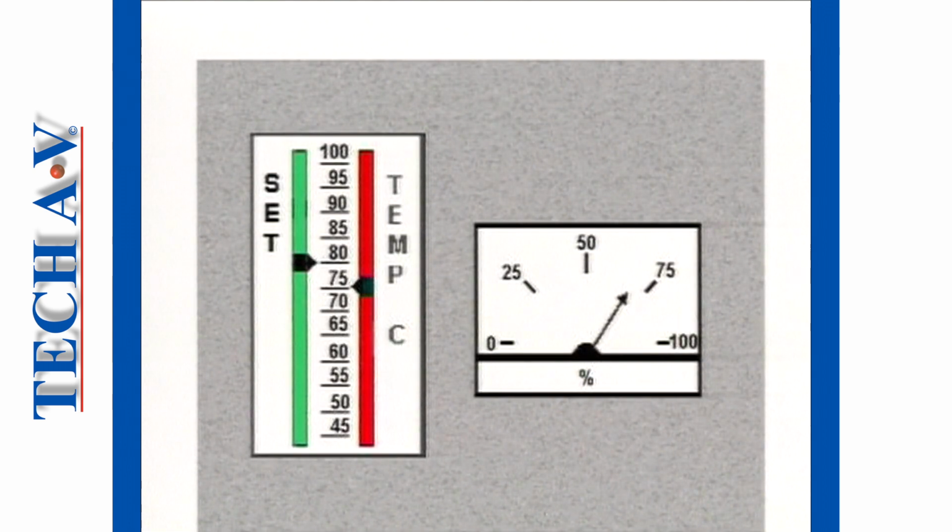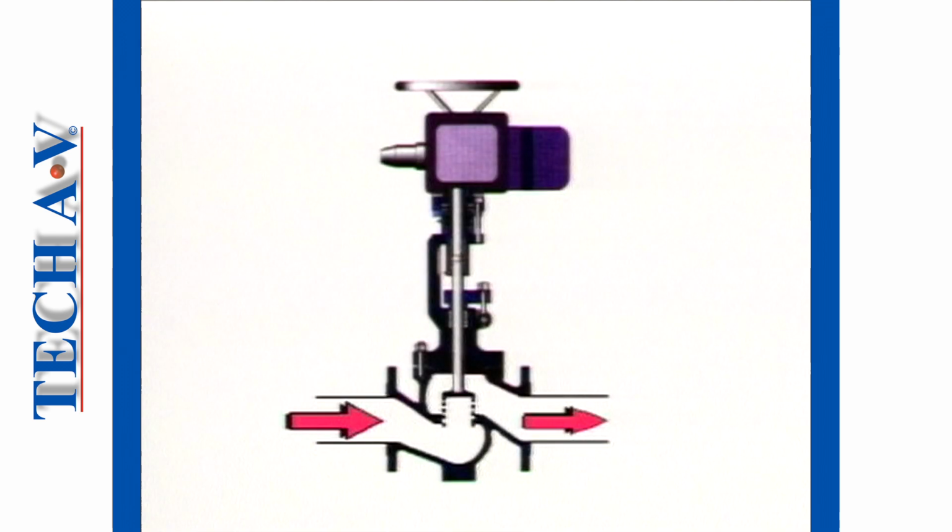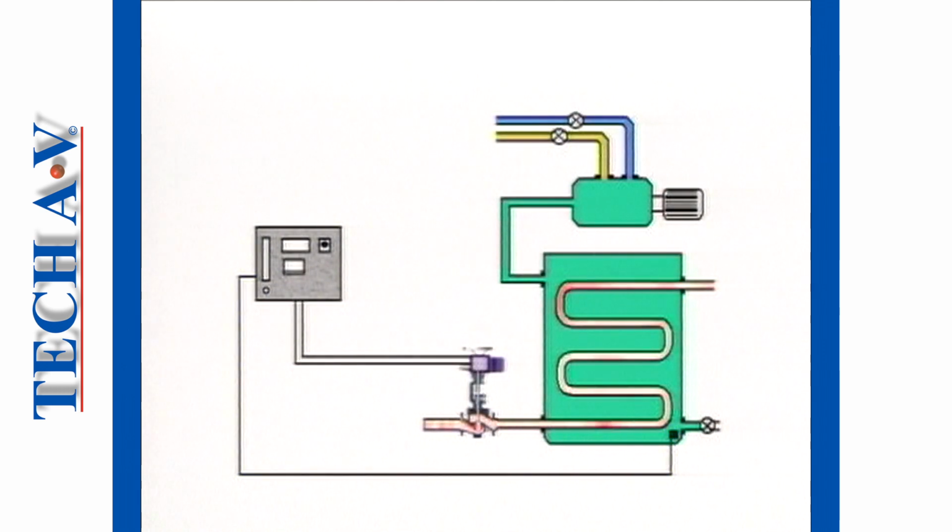Now, when the set point temperature has been reached, 80 degrees Celsius in our example, the steam valve will be set to the position that provides the correct steam flow necessary to maintain the blending process within allowable limits. Our system, however, is not yet perfect, and we'll discuss why after the break.